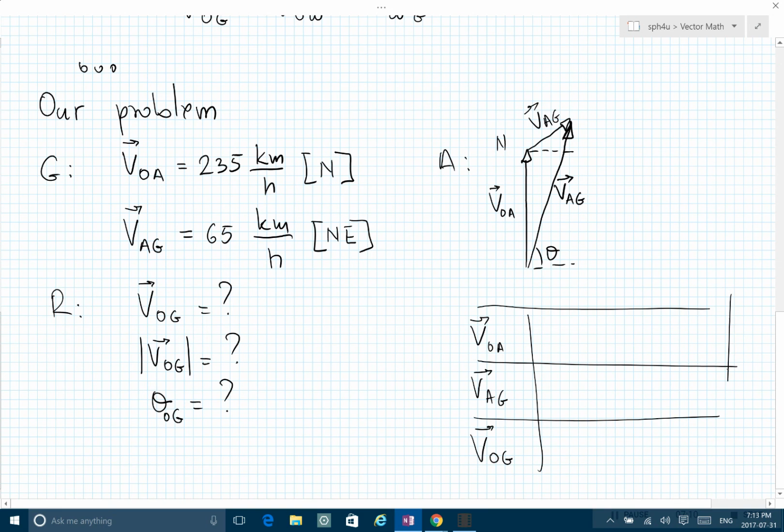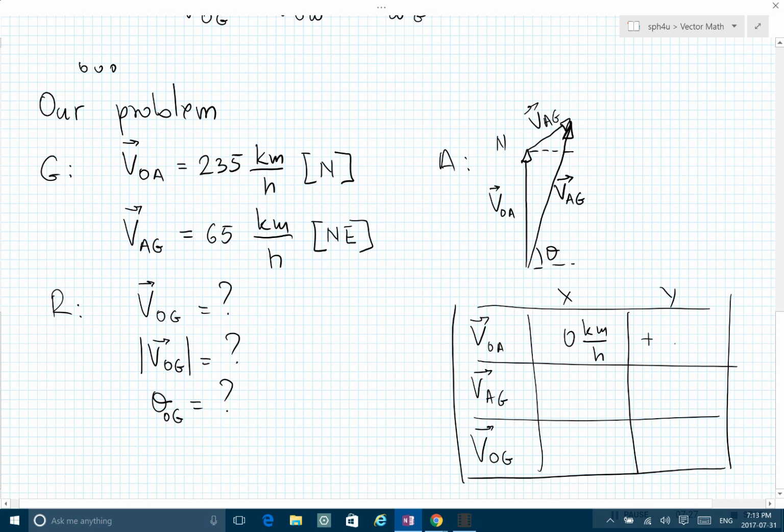So we have the X and Y components. The velocity of the object with respect to the air, X component is 0 kilometers per hour because it has no X component, it's just traveling north. And the Y component is positive because it's north and it's 235 kilometers per hour. And the VAG, the air, is northeast, so they're both positive. So it's 65 sine 45, which is roughly 45 kilometers per hour.